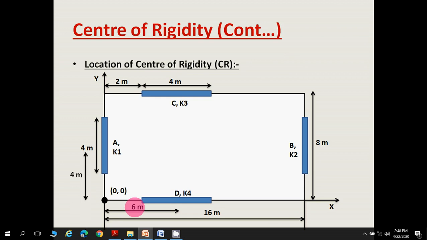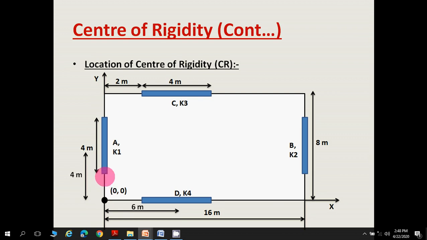Now if we are talking about the y direction, wall A has a center of stiffness of 4 meter because it is located at the center of this floor plan.